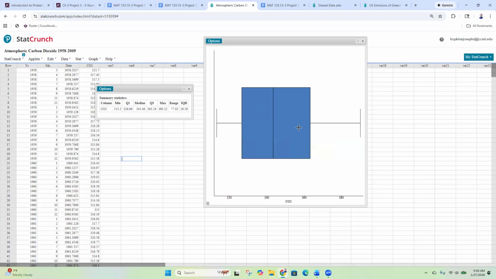All right. Now, I will point out, like I've said before, as a data analyst, as a statistician, it's our job to present the data and interpret the data and make it understandable. So box plots are one way you can do that. I will say that box plots are not used that often, partly because people don't know how to read them as well.